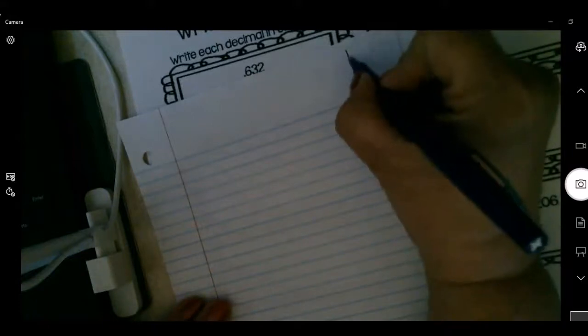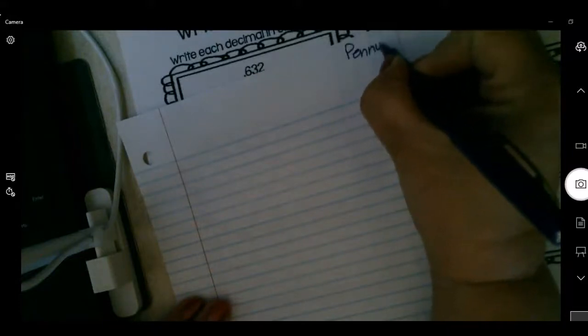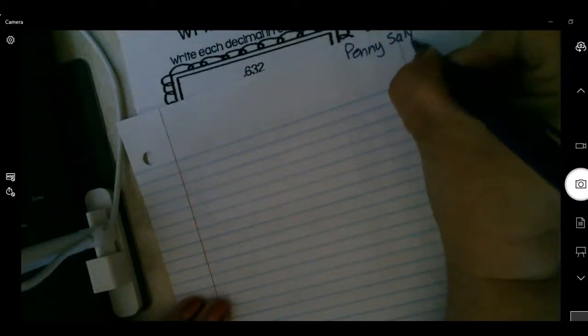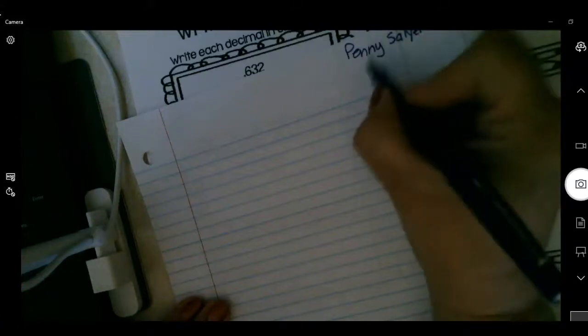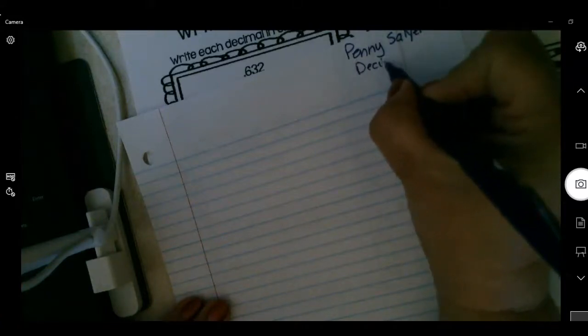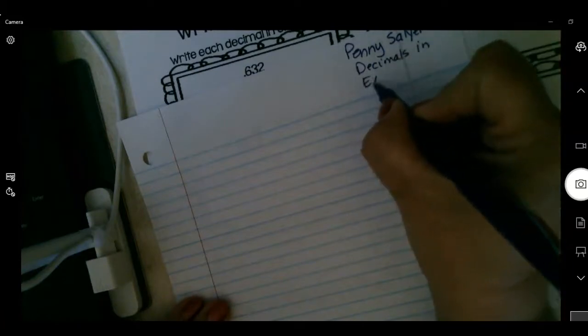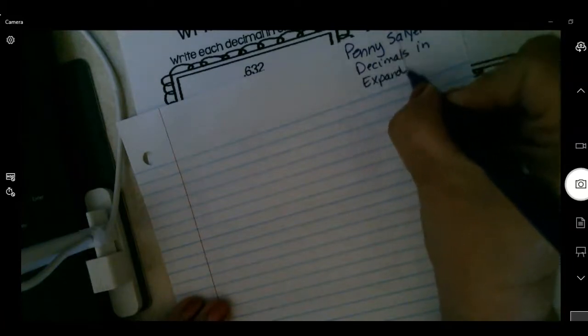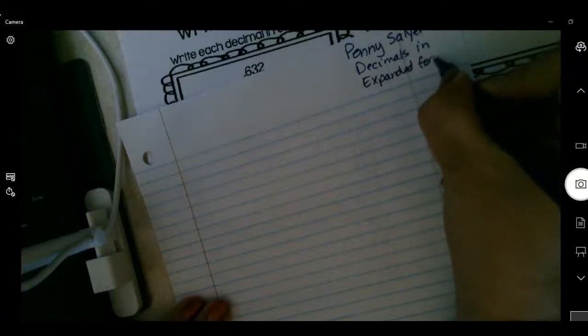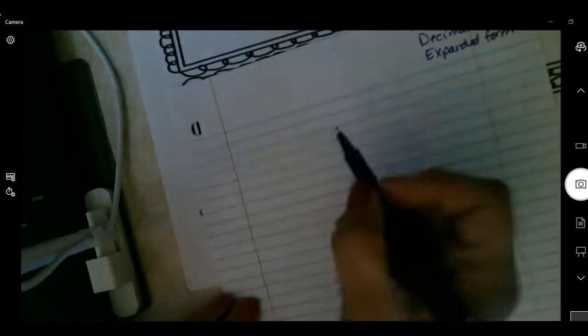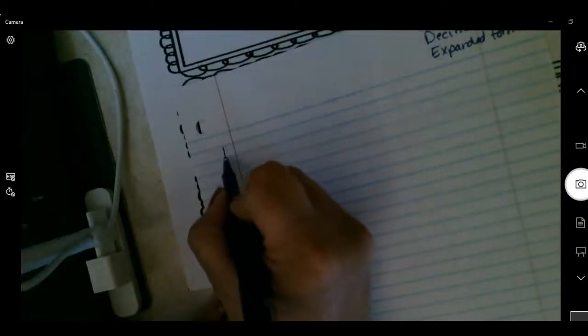So what I would do on my paper is I would write my name, Penny Salyer, and then I'm going to write the topic, which is decimals in expanded form. So make sure that you're writing these nice and neat so that I can read them. So I'm going to call this one number 1.